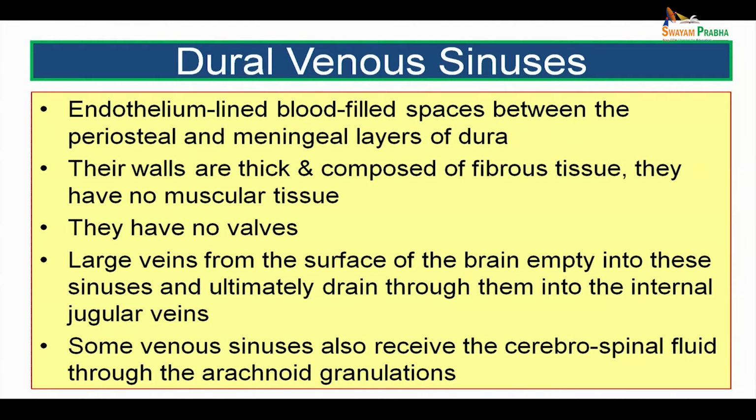So, most of the dural venous sinuses are present in the spaces which lie between the periosteal and the meningeal layers of the dura mater, except two venous sinuses.